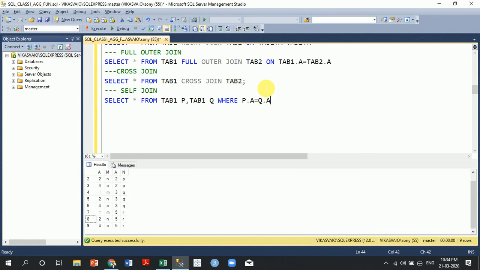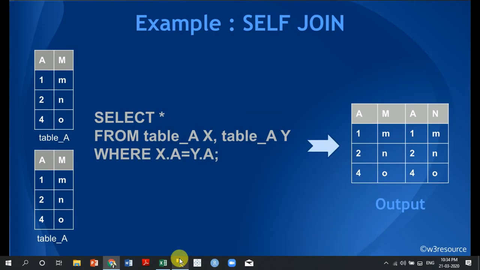So yeah, now our query is complete. Let's run the query and see the result. This is self join. I have created two aliases of the same table, that is table 1, and I have joined this table with itself on the basis of the defined condition, and likewise it is giving me the desired result.